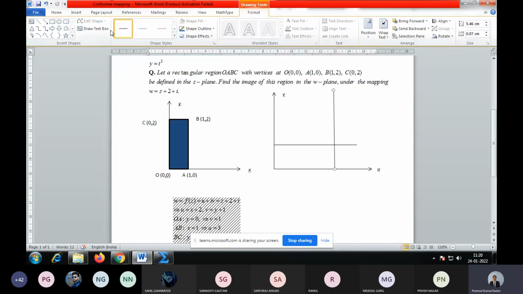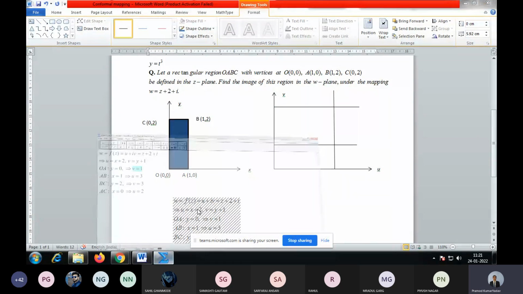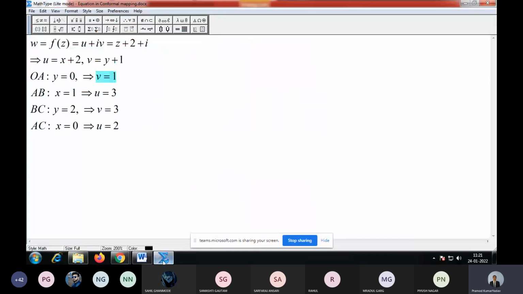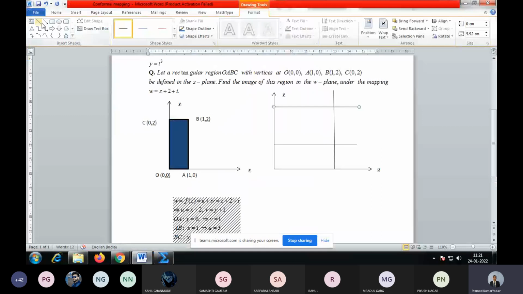So v equal to 3 means a line parallel to the u axis at distance 3, like here. Then the fourth one is u equal to 2. The first one was u equal to 3, then u equal to 2 means somewhere here.